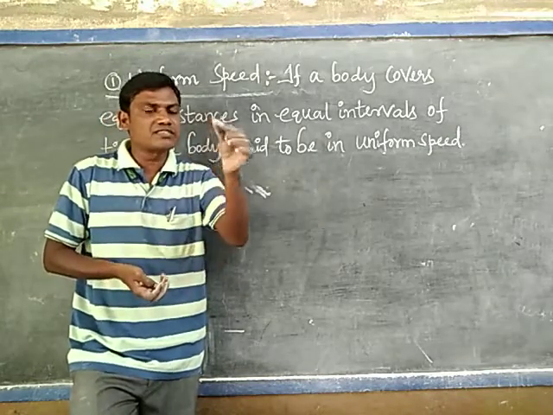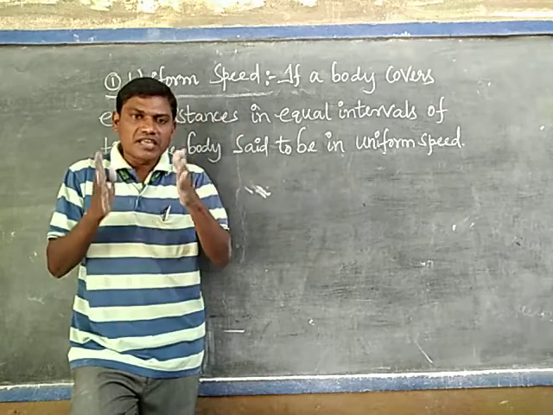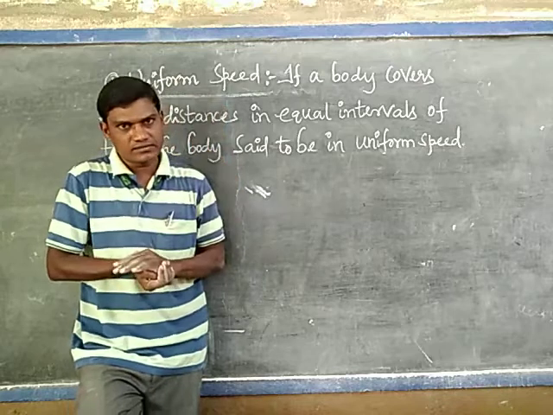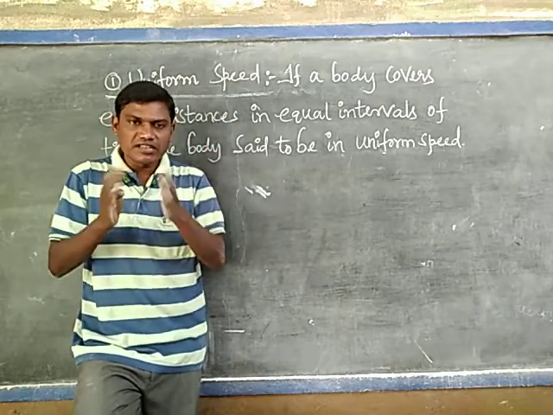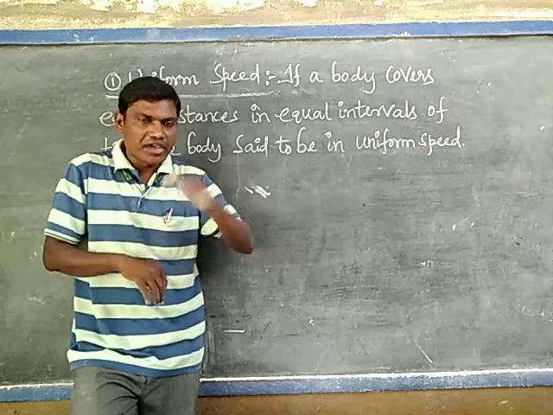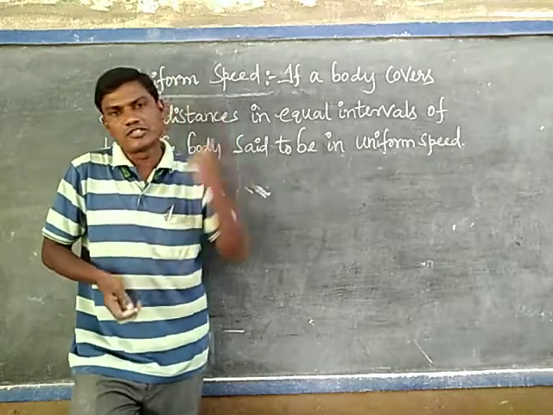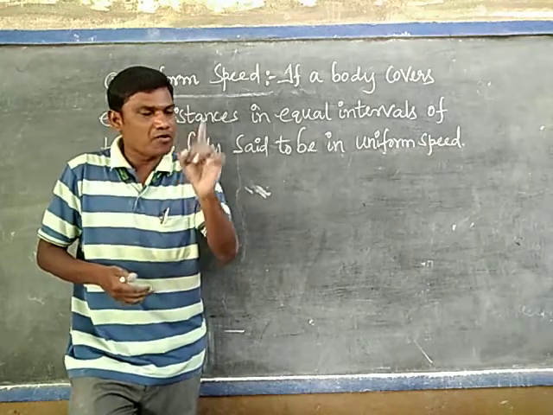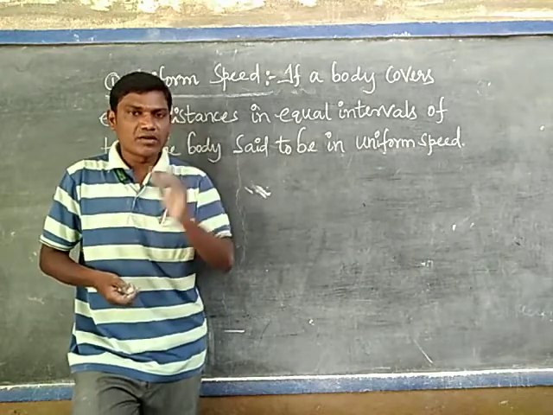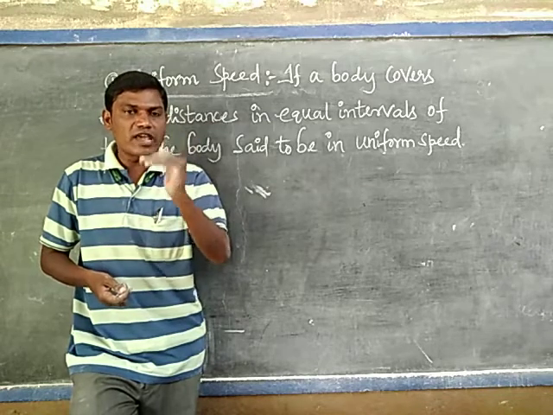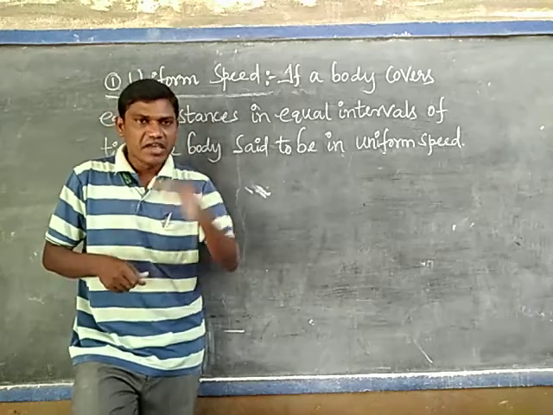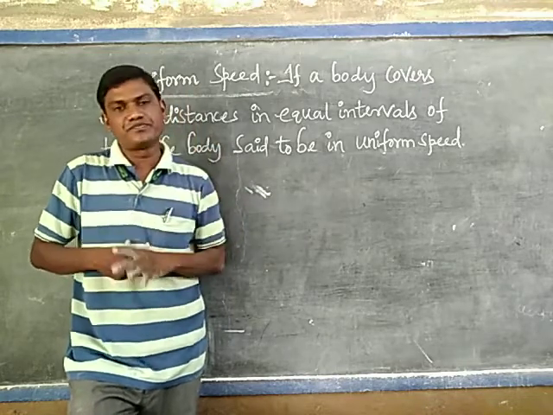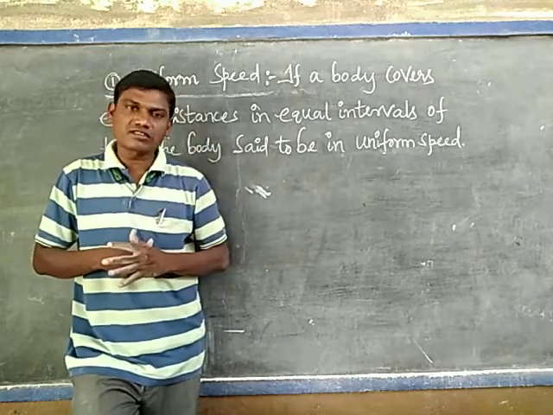The simplest way: the rate of change of motion is called speed. Another definition: the distance covered by a body in unit time is called speed. Speed is a scalar quantity, not a vector quantity. Why? Because in measuring speed we consider only magnitude, according to the vector concept.